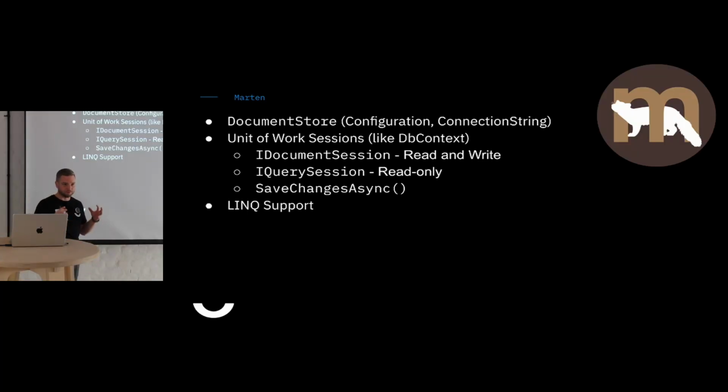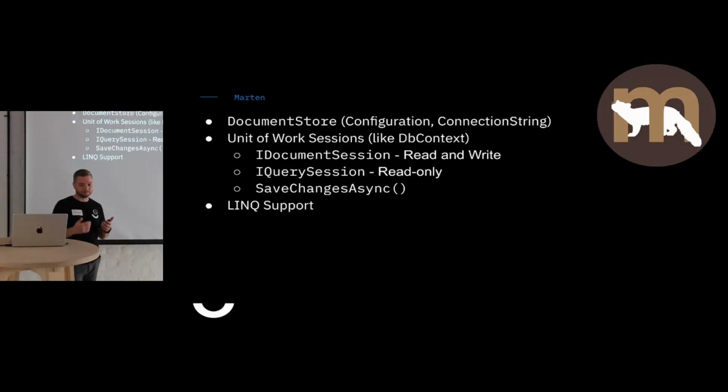Just some words or maybe some concepts of Marten. We have the document store. So the document store is actually a class. We are going to see it in a minute. And it's just the configuration for how we use Postgres and how we can connect to Postgres. We have some kind of unit of work sessions, so we can use it like DbContext.